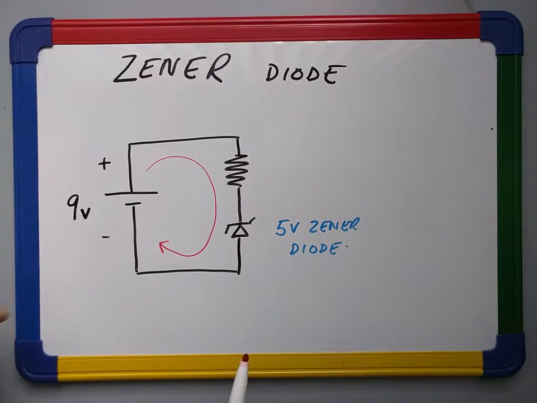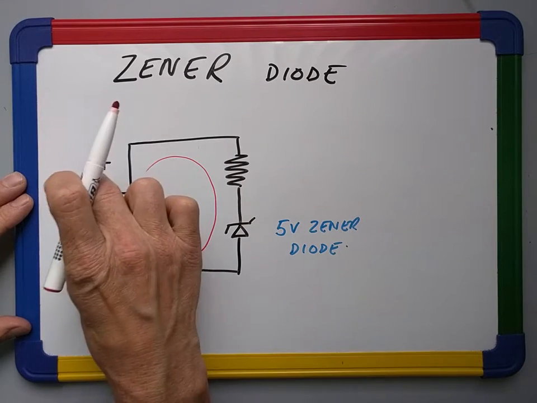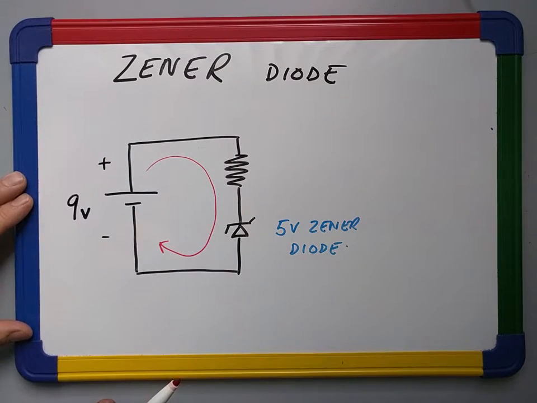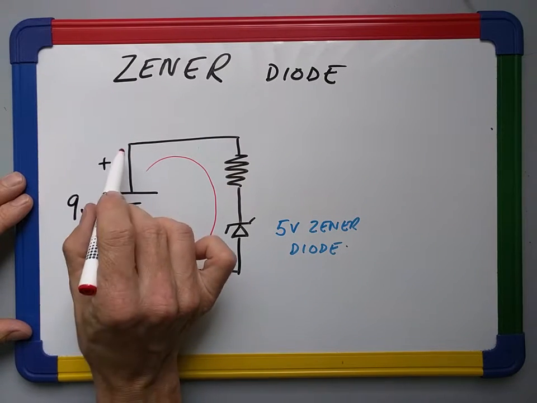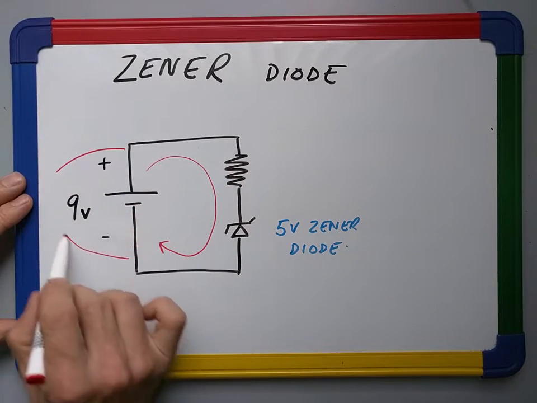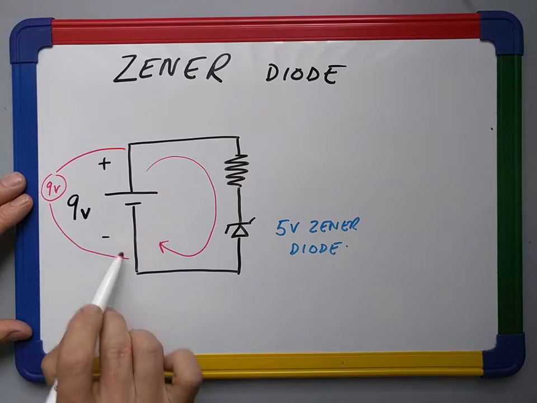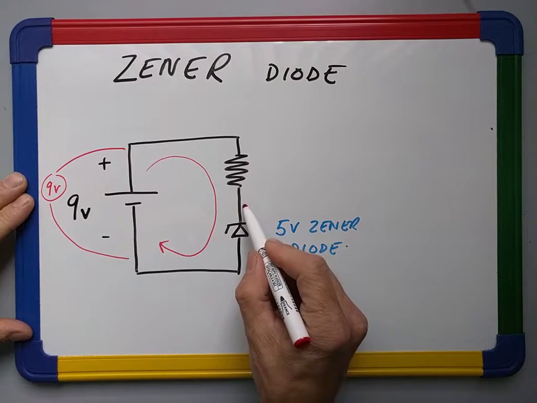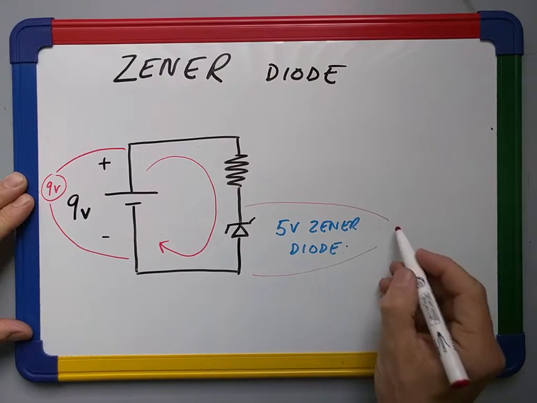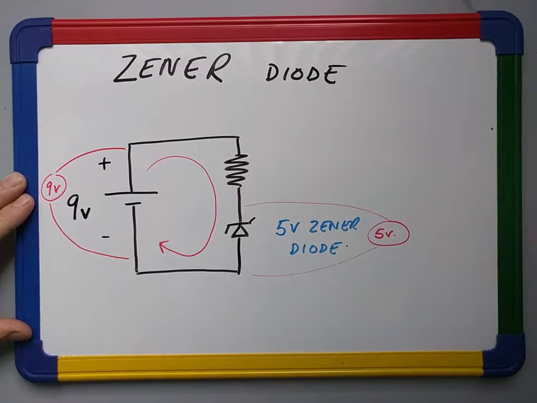Well, what we find now is that because the rating of the zener is below the rating of the supply voltage here, current will flow. And if we put a voltmeter across our battery here, not surprisingly, it's going to read 9 volts because that's the voltage of this battery. And if we put a voltmeter here across the zener diode, it's going to read 5 volts.